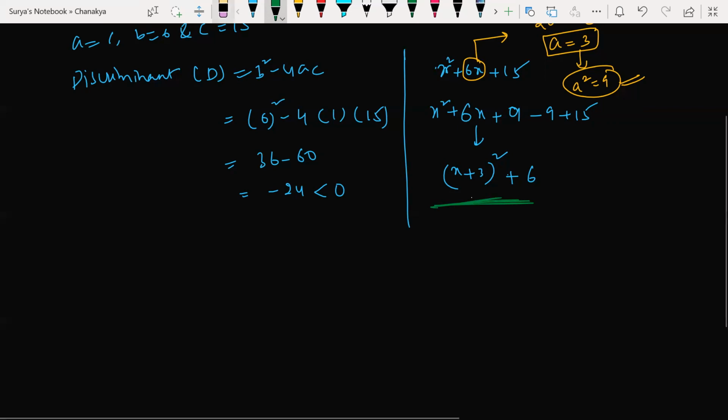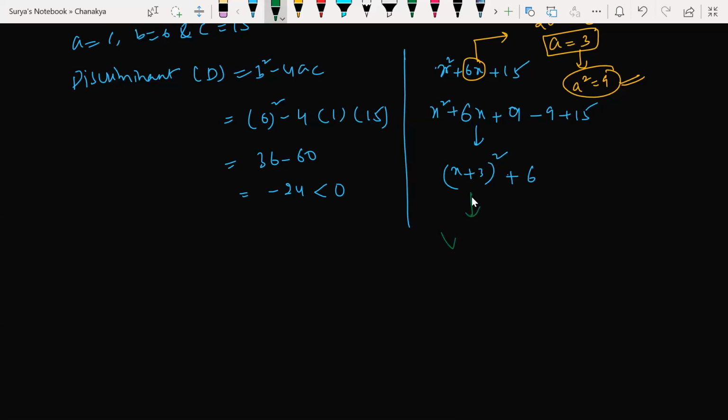No, try to understand what I'm trying to say. Whatever real number you substitute, negative or positive, (x plus 3) whole square will always be non-negative. You understood, Kavya? Yes, sir.